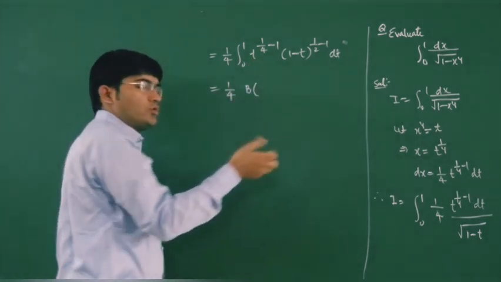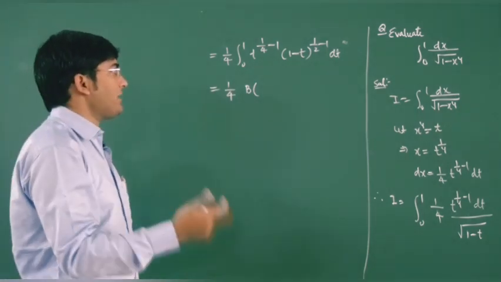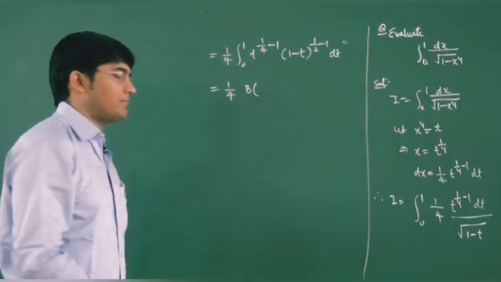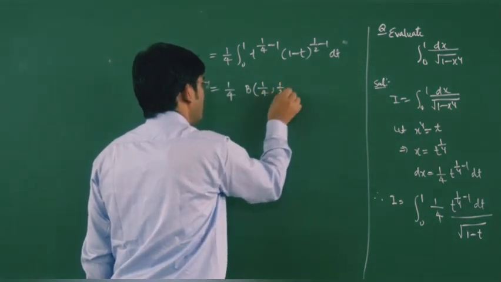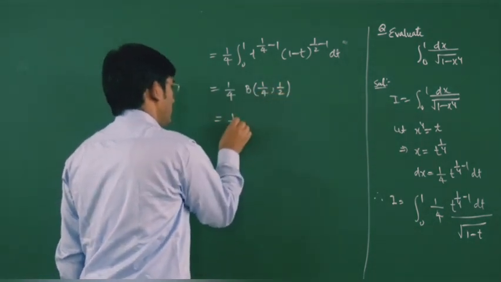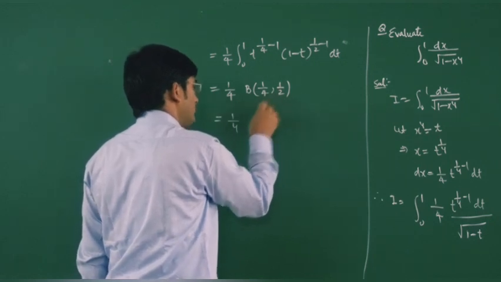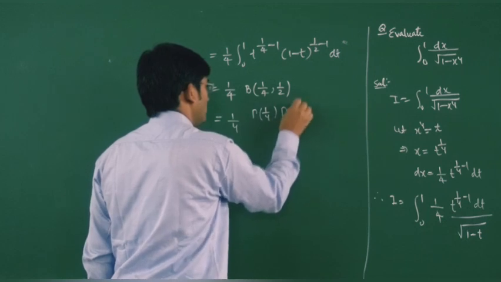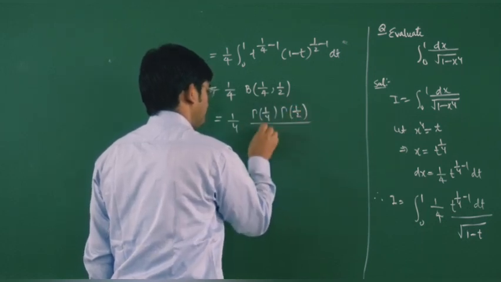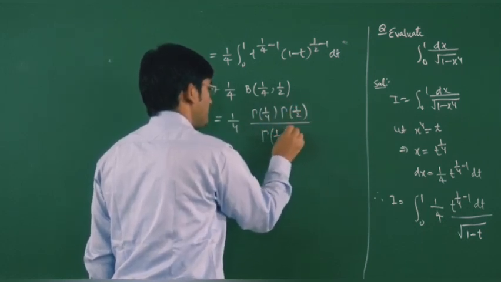You know the definition of beta m, n as integral 0 to 1 x power m minus 1 into 1 minus x power n minus 1. So this is basically beta 1 by 4 comma 1 by 2, and use the definition of beta m comma n, which is gamma m into gamma n upon gamma m plus n.